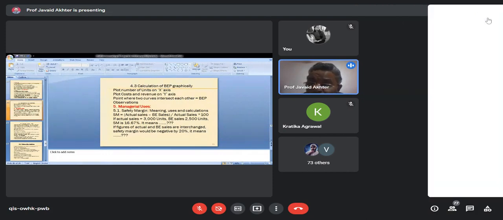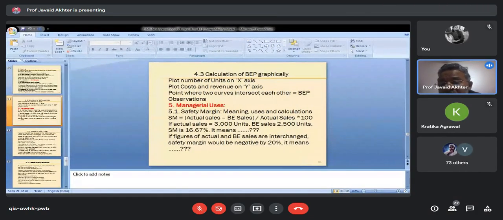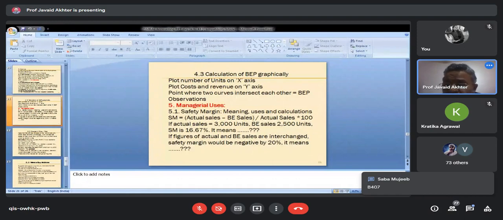From O to the intersection, you will notice that the gap between the two lines gets reduced, and a time comes when it is zero, no gap. Similarly, when you move on, you see a smaller gap and then the gap keeps on widening.